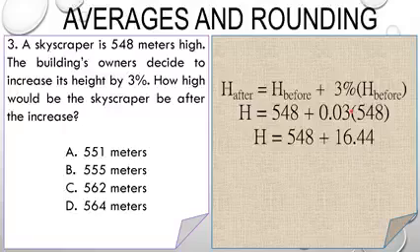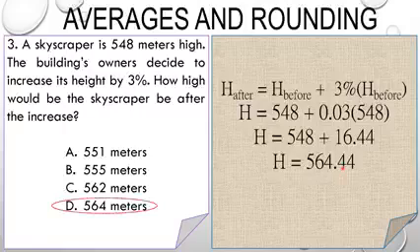The product of this is 16.44. Add by 548, the answer is 564.44. When rounding off to the nearest whole number, we get 564, and the answer is letter D. Okay? So, yung magiging taas ng skyscraper after an increase of 3% by its original height is 564 meters na.